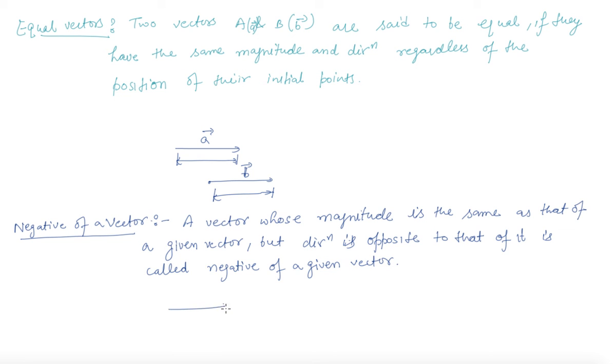Let's say this is your A vector and the same vector in the opposite direction is minus A vector, so it is the negative of the given vector.